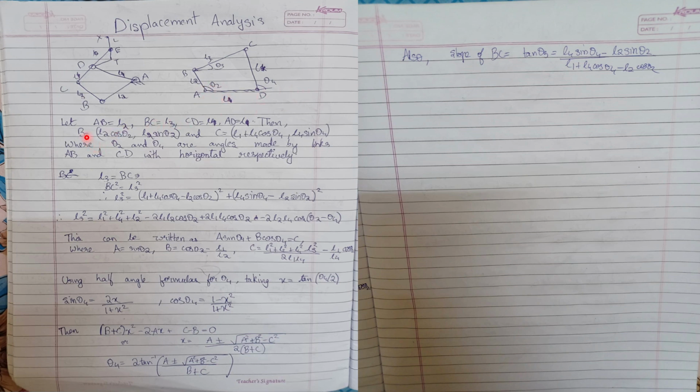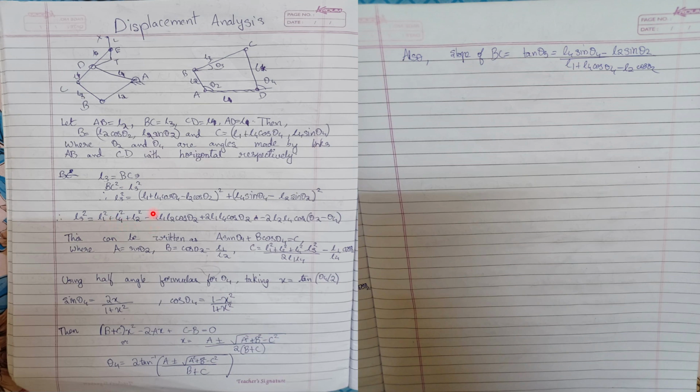Then the coordinates of point B and point C can be obtained as L2 cos theta 2 and L2 sin theta 2 for point B, and L1 plus L4 cos theta 4 and L4 sin theta 4 for point C. Now we know the length of link BC is L3 and we know the coordinates of points B and C. By applying the distance formula, we get L3 squared to be (L1 plus L4 cos theta 4 minus L2 cos theta 2) whole squared plus (L4 sin theta 4 minus L2 sin theta 2) whole squared.